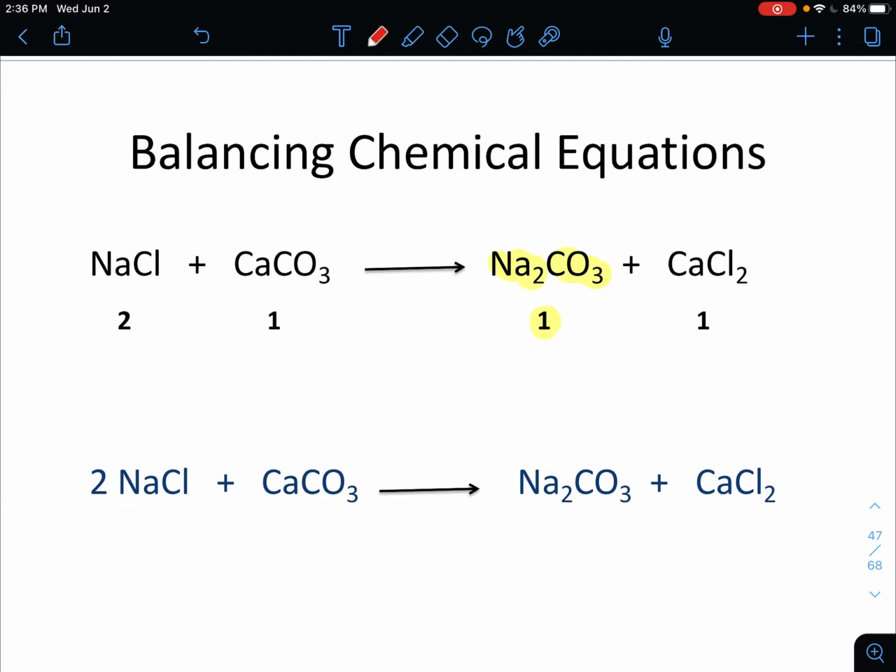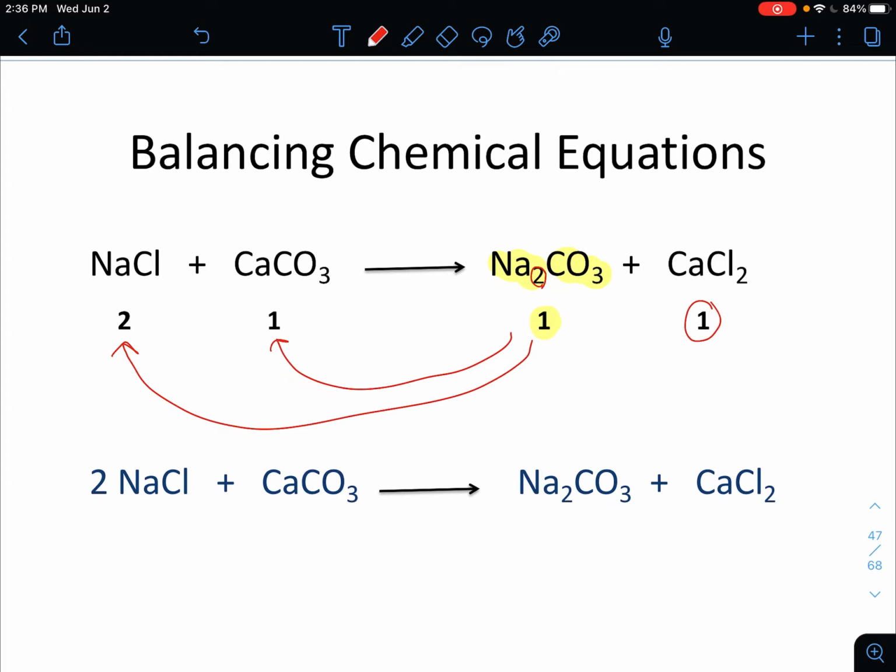And then once I knew that I had 1 sodium carbonate, that locked in the sodium count at 2. So that let me put a 2 over here for sodium chloride. And then that means that there are 2 chlorines, so that allowed me to lock in 1 for calcium chloride, and then 1 carbonate also locked me in with 1 calcium carbonate.